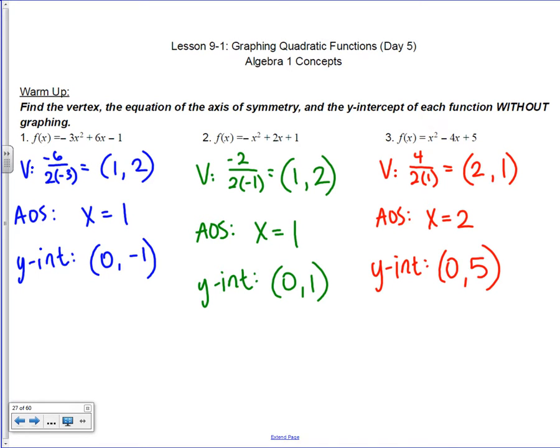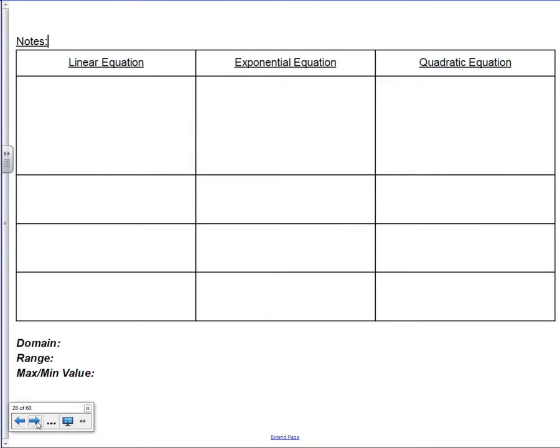Okay, down for your notes, you can see we have this chart that we've had for the previous 4 days. So I'm going to go ahead and fill it in. I'm not going to do much talking. I'll just go ahead and fill that in since we've explained this in depth previously. So just go ahead and copy it through here.